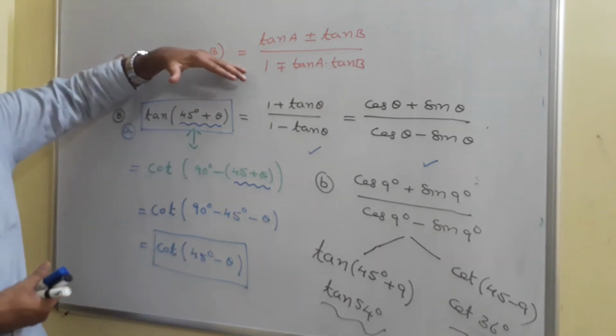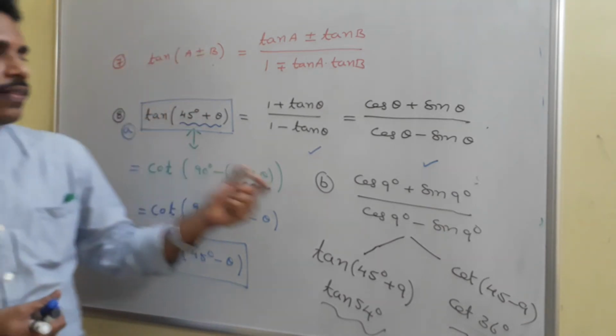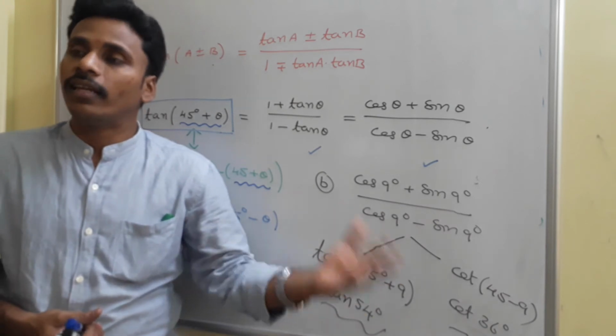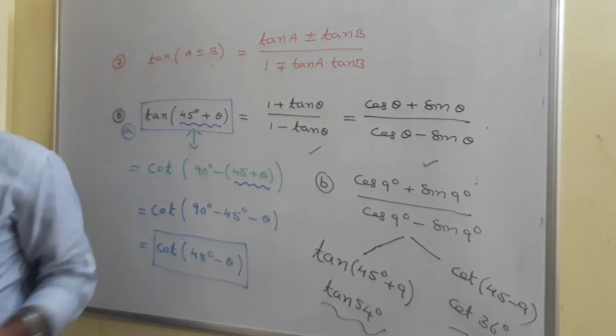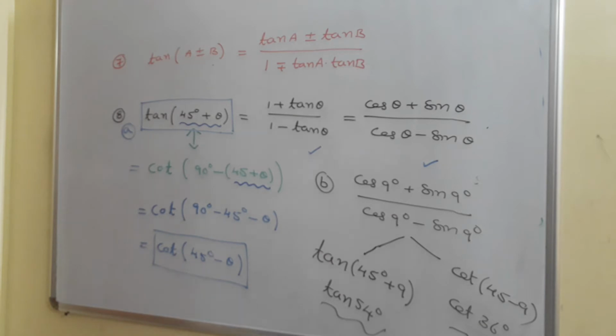You treat this as 7th point, and this is 8A, and this simple example 8B, and then 8C, 8D I will discuss here.